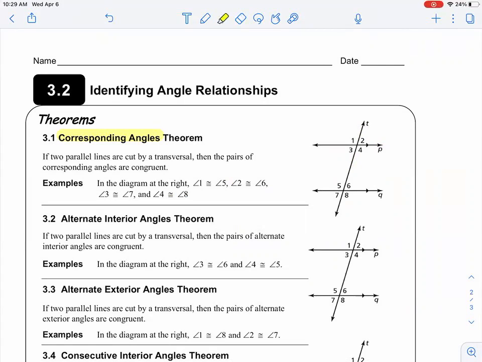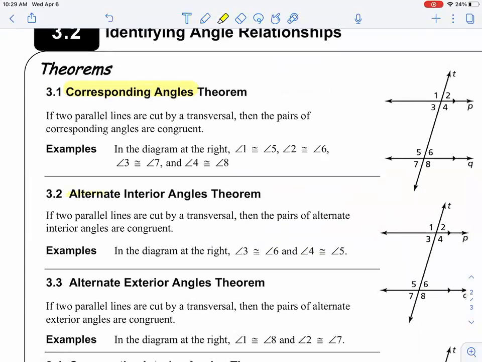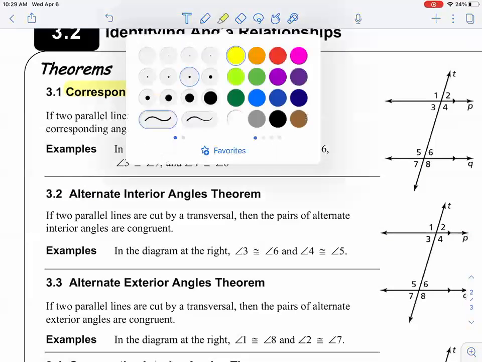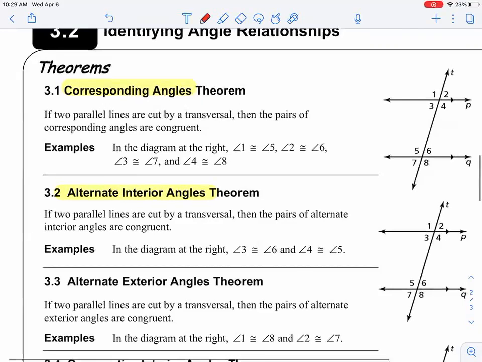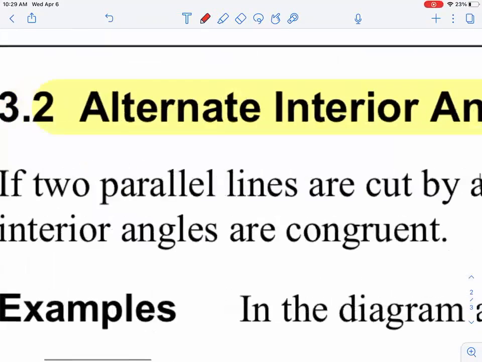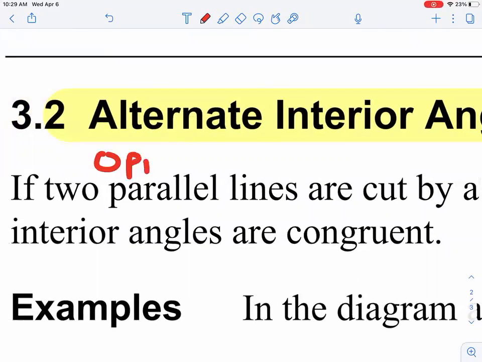The next term, alternate interior angles. The word alternate means like opposite. So I'm actually going to write that down here. So alternate kind of means opposite.